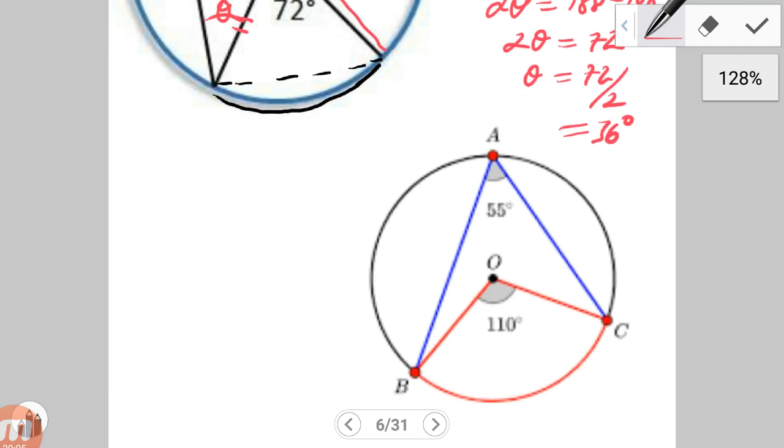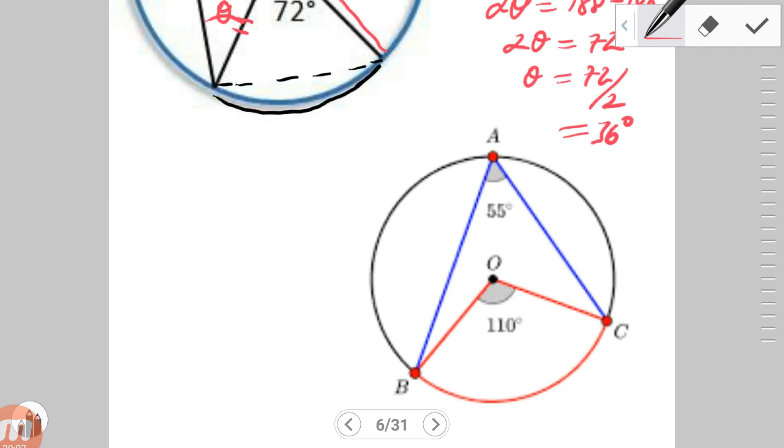Alright, let's go to another example here. We're going to be looking at ABC. Notice here that the angle formed by the arc BC creates 110 degrees at the center. Also notice that the arc BC also drew two blue lines connected to the circumference.